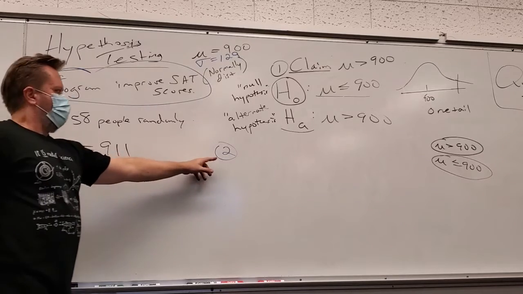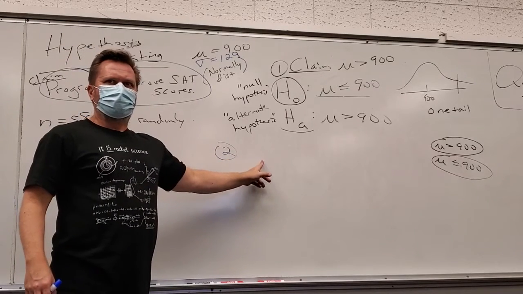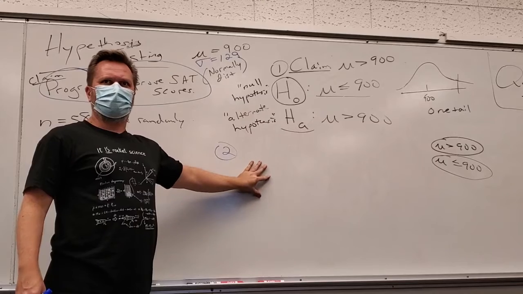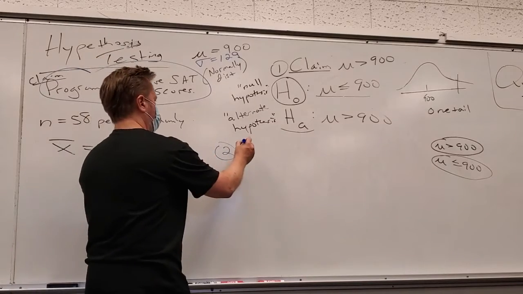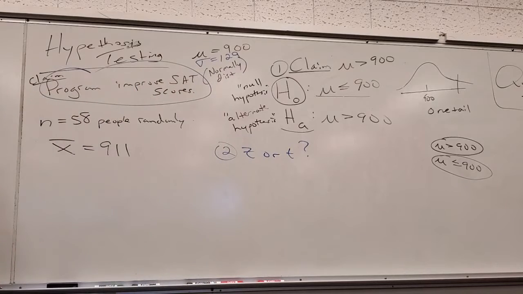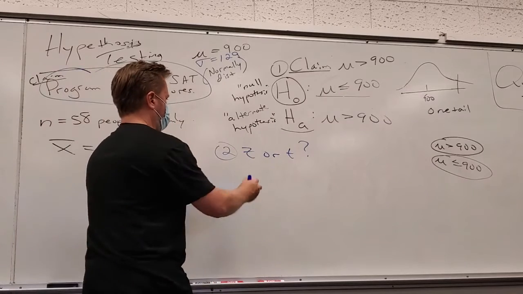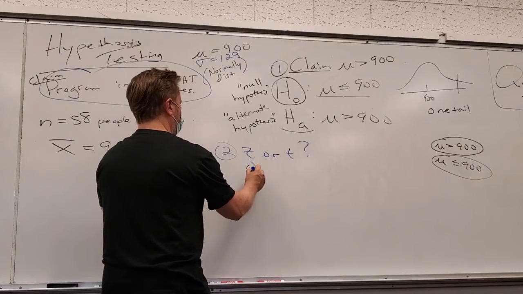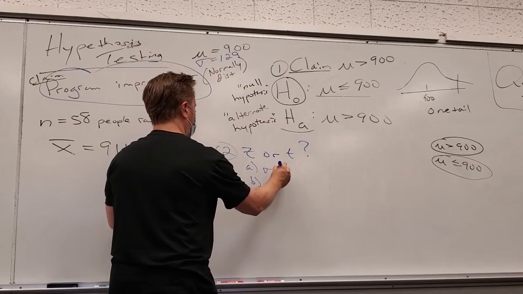So what am I allowed to use then? Z or T? What two things do I have to check? We know sigma.